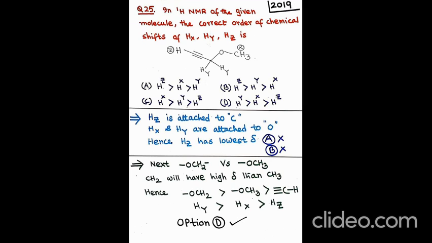Now in the given compound, if we see the environment of the hydrogens HX, HY and HZ, it is clear that HZ is attached to carbon, whereas HX and HY both are attached to oxygen. Based on this, whatever the order may be, HZ will have the lowest delta value as it is attached to carbon, not oxygen.